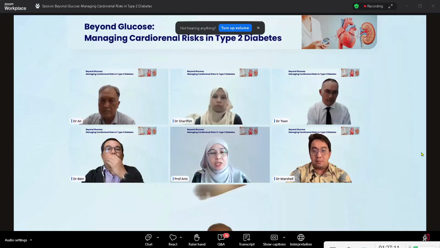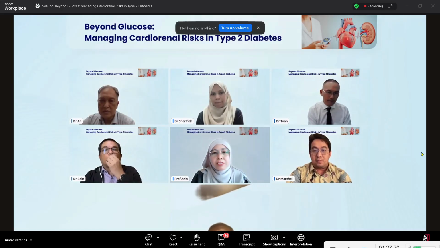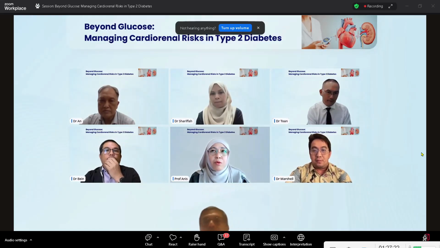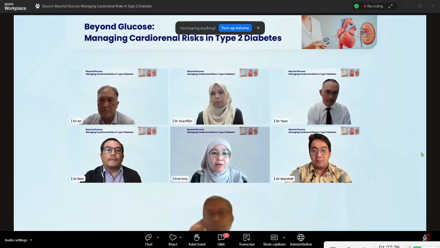There is a lab range already recommended for us. I think it's different for male and female, if I'm not mistaken, about 2.4 for male or 3.5 for female. I think that's the best in primary care if you have the resources.